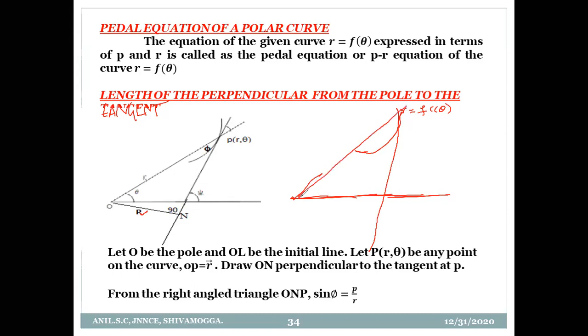Radius vector will be like this. This is the radius vector. This is the perpendicular distance P. We usually denote this angle by theta. This is angle between radius vector and tangent by phi. And this angle is denoted by psi. Let this point be O and this be N, and this is obviously P. This is R.